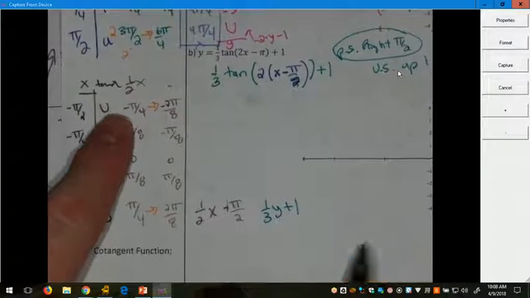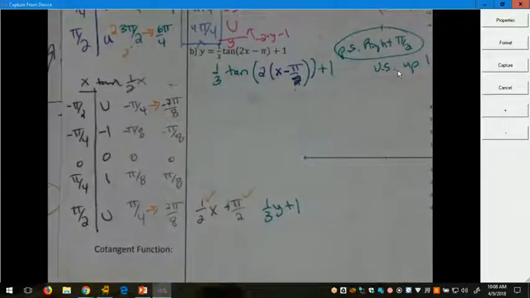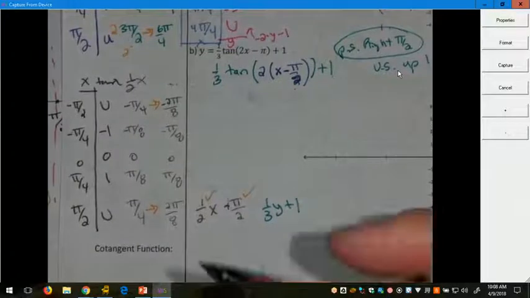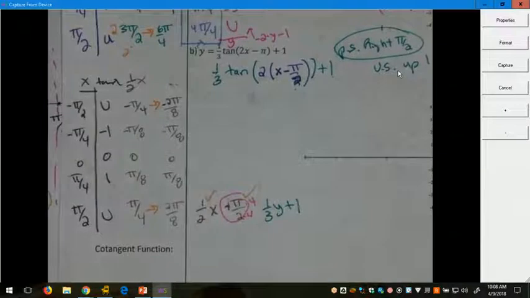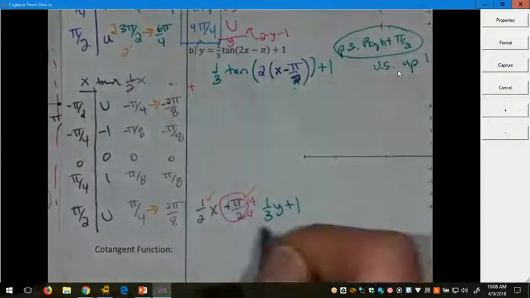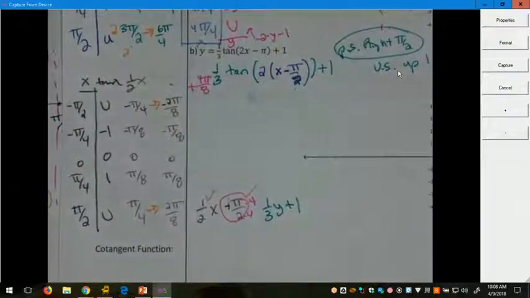The only thing we've done so far is the 1/2 times the x. I now have to add the pi over 2, but these are all in terms of eighths. So to add pi over 2, if I multiply top and bottom by 4, I'm actually going to have to add 4 pi over 8, the fractional equivalent to pi over 2.